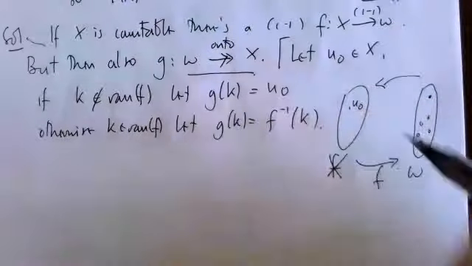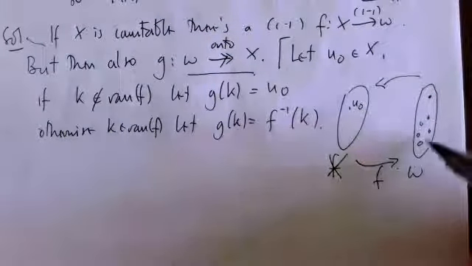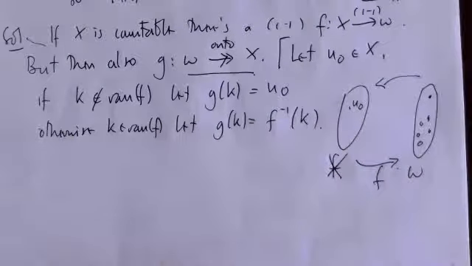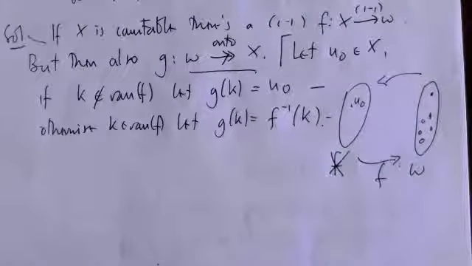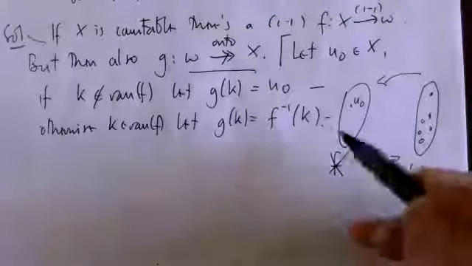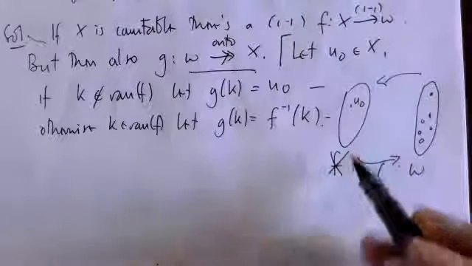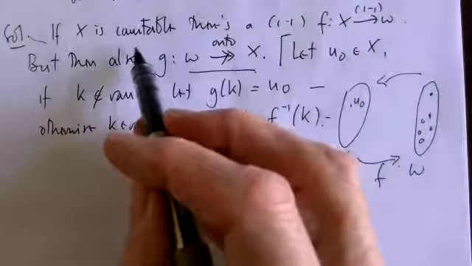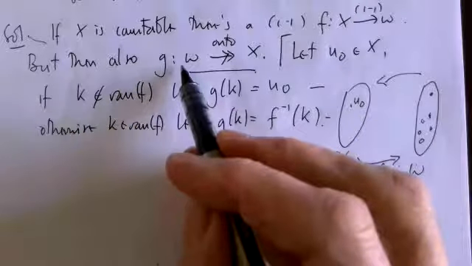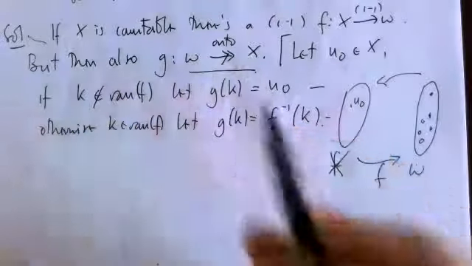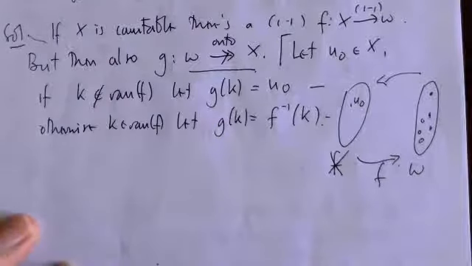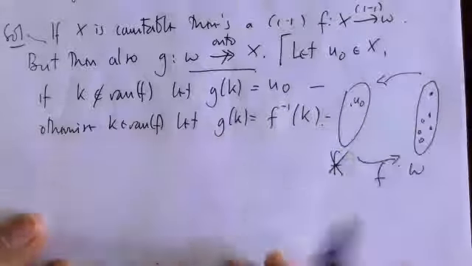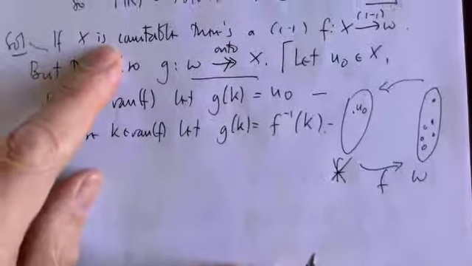So we just pick some u0 to send the things that are not in the range of F onto, and we do that in this clause. So the point of me saying all this is that if X is countable, there's an onto function from omega onto X. And we're supposed to count the number of countable subsets of R.